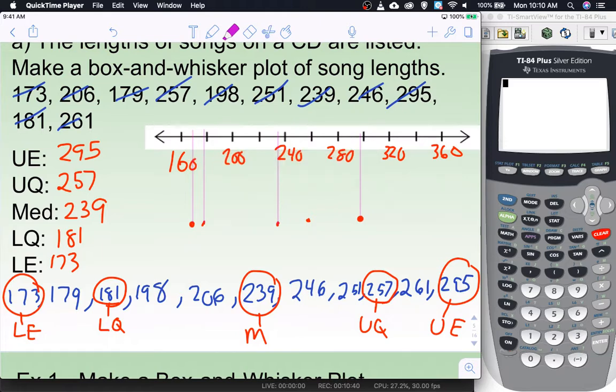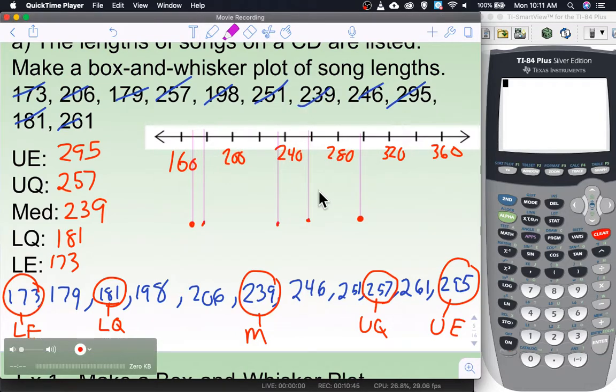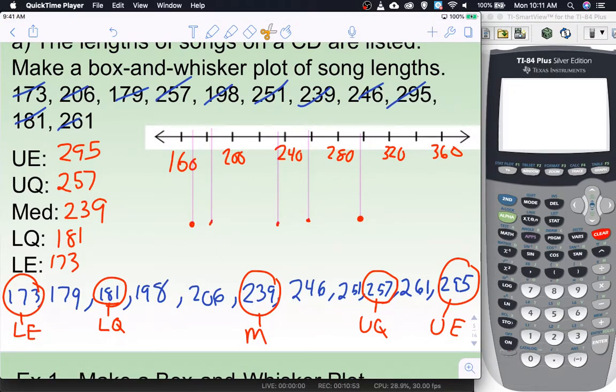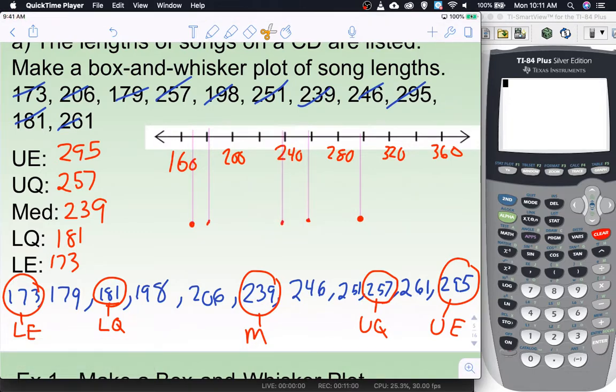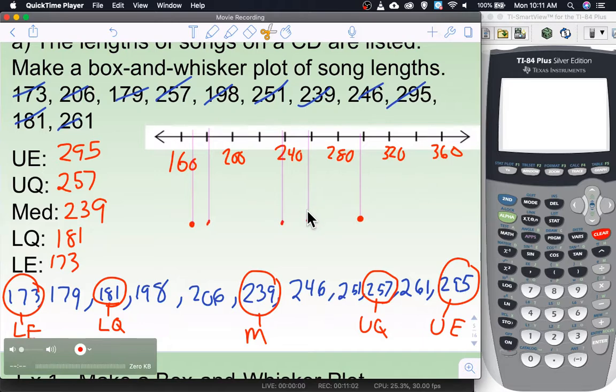You typically will not see these lines here. This is just to help you. So 281 actually is on the wrong side, right? Because 281 would be like here. 239 might be a little closer to 240. 257, sure. 295, sure. It's just something to help you.